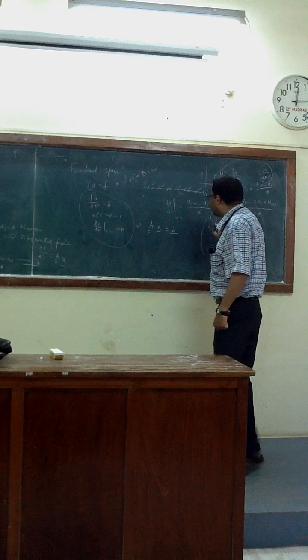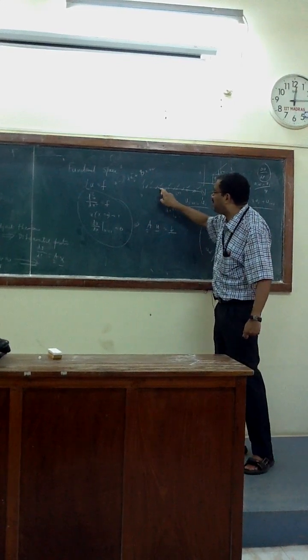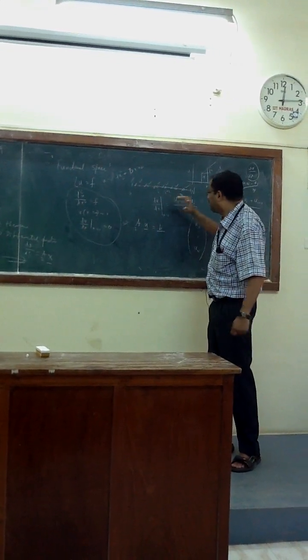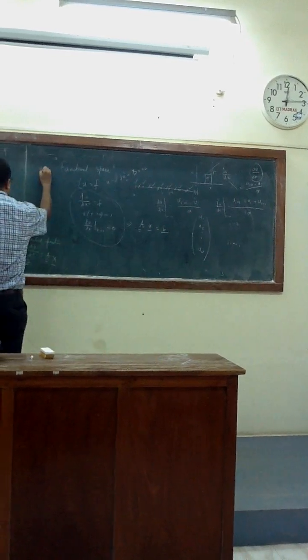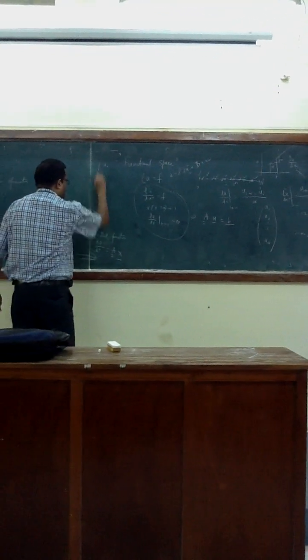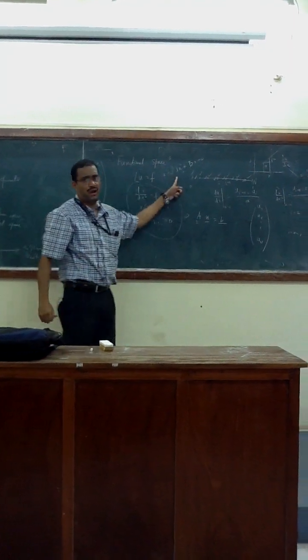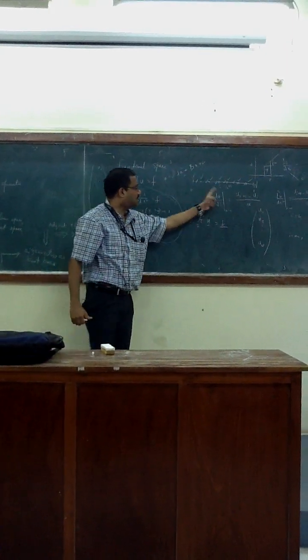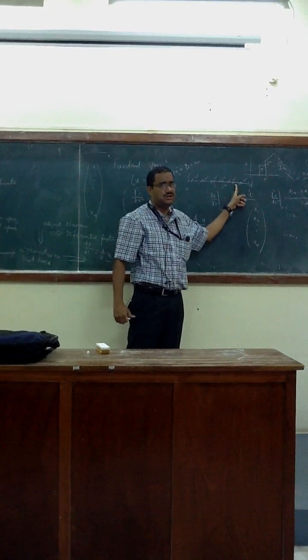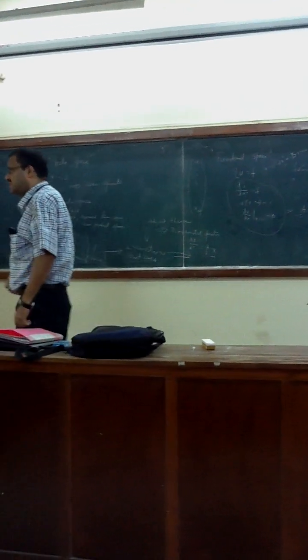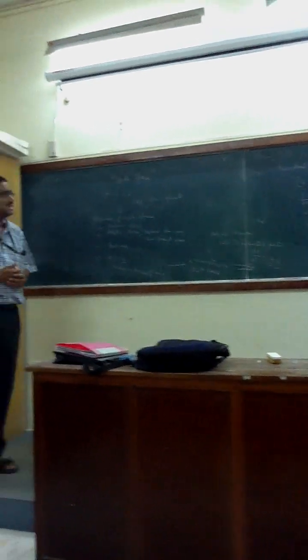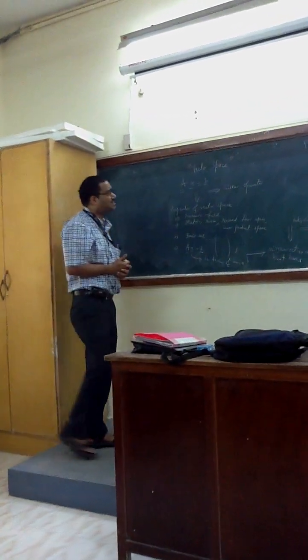But with this method, you will be getting the solution only at these points. When you talk about the functional space, it has got a solution at infinitely many points, any point from here. But this will give the solution at these discrete points. So the same problem can be treated as a finite dimensional vector space as well as an infinite dimensional functional space.